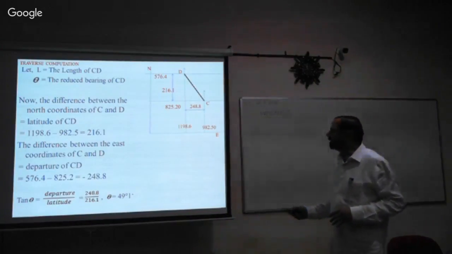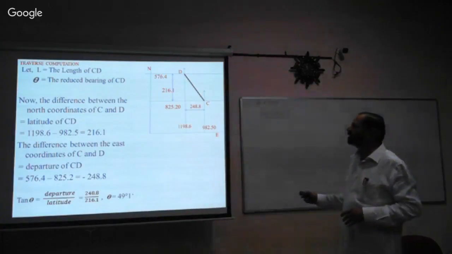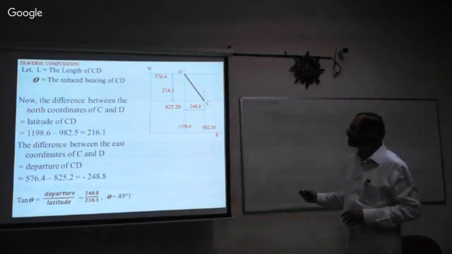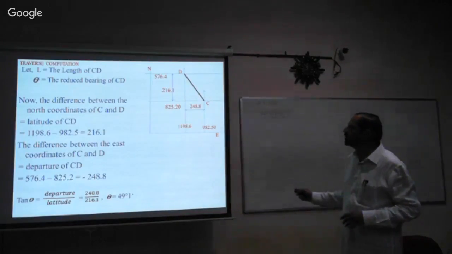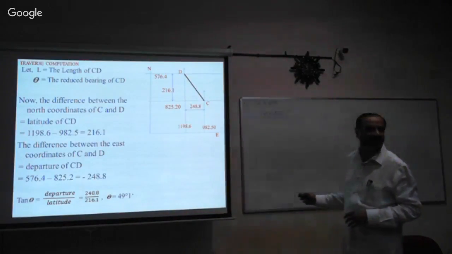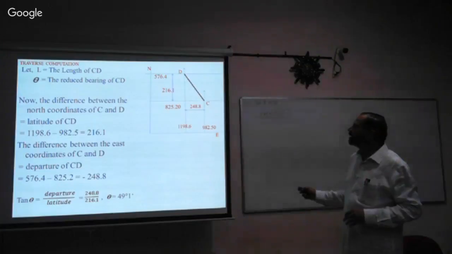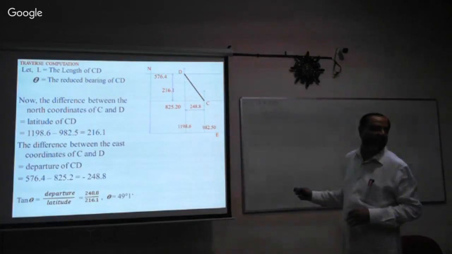Similarly, let us assume that this is theta. If you consider this as theta, this becomes opposite and this becomes adjacent. Or we can consider the other angle as theta, whatever.